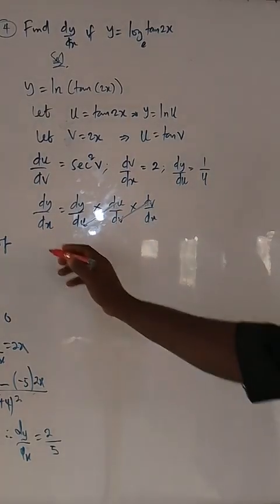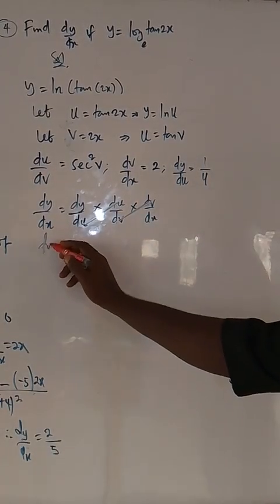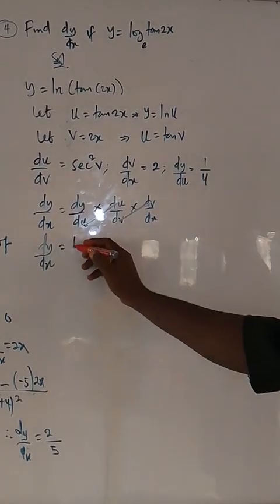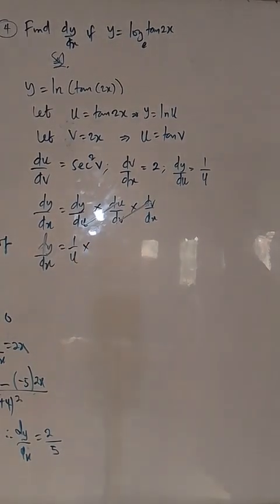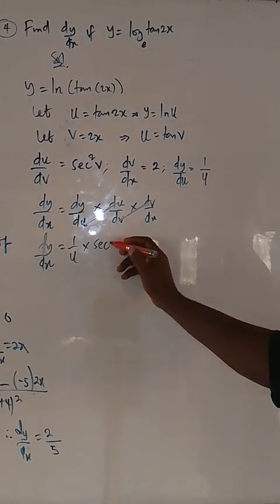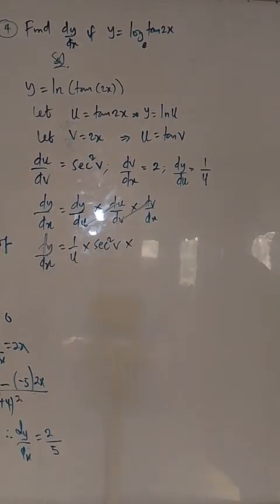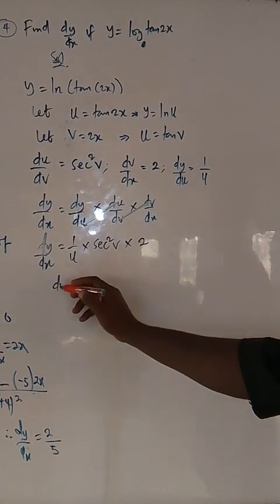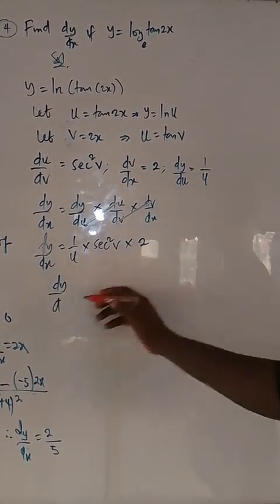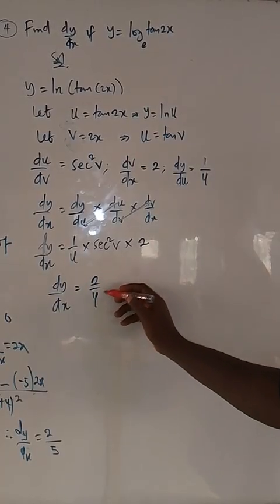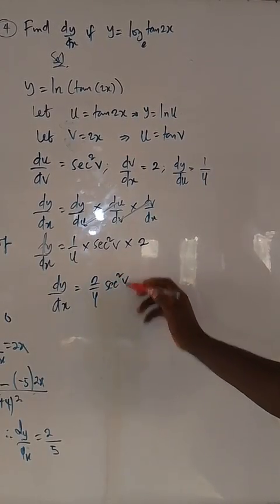So therefore dy/dx becomes, what is dy/du? 1 over u. What is du/dv? Sec squared v. What is dv/dx? 2. So dy/dx equals 2 sec squared v over u.